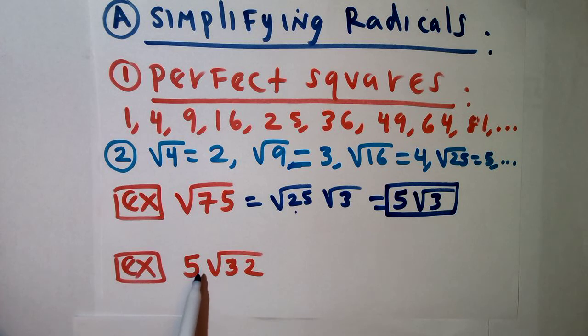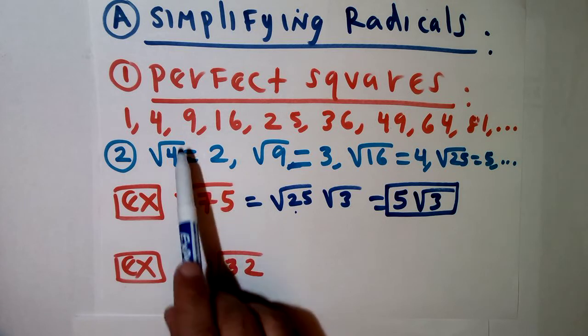What is the difference between the first one and the second one is that now you have a coefficient that you need to take into account, but we're going to use the coefficient after we finish simplifying the 32 that you see here. Once again, you're going to take the 32 and look into the family.